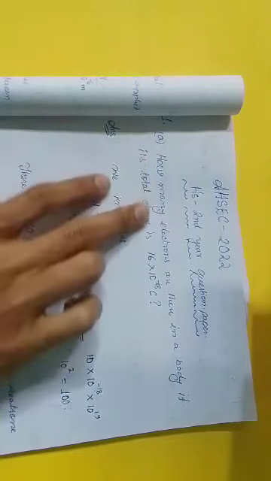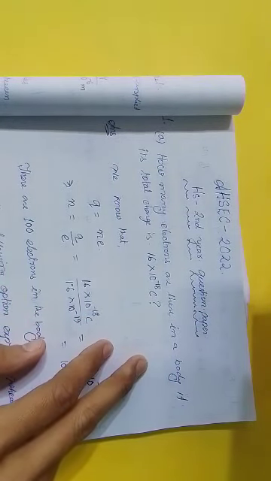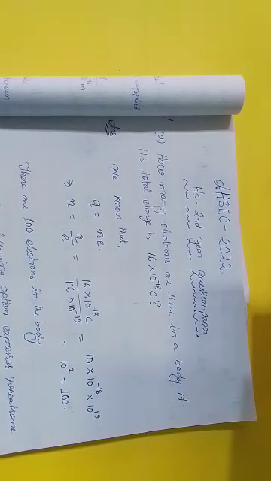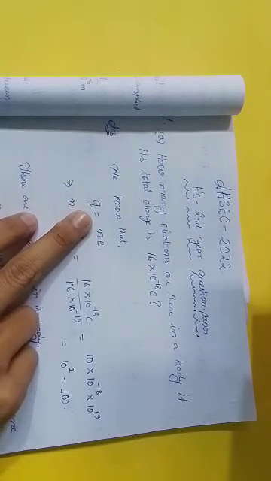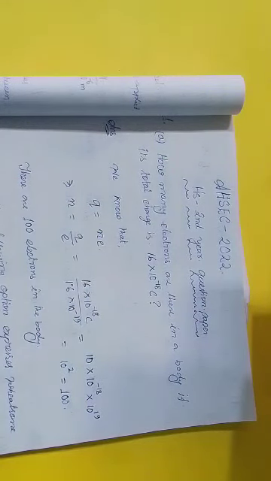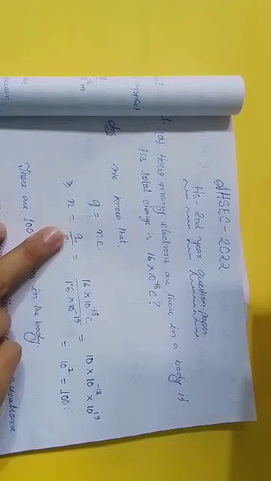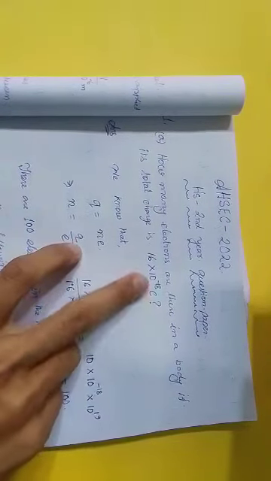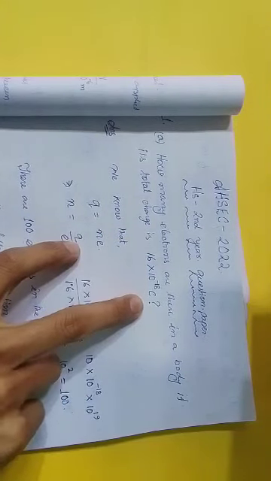The first question is: how many electrons are there in a body if its total charge is 16 into 10 to the power minus 18 coulomb. So, we know from quantization of charge that Q is equal to NE. From this we can get the value of N: N is equal to Q by E, and the total charge Q given here is 16 into 10 to the power minus 18 coulomb.